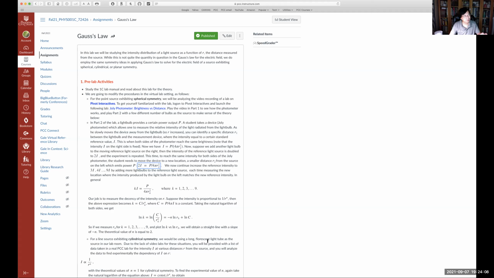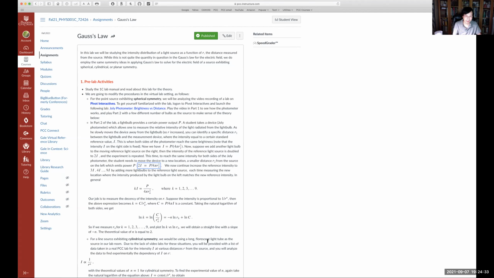And then for the plane source, what we used was a computer screen, literally a computer screen. We used the biggest computer screen we could find, which is about 17 inches, and we turned it into a totally white screen, as bright as it gets, like maybe an empty Microsoft Word document.